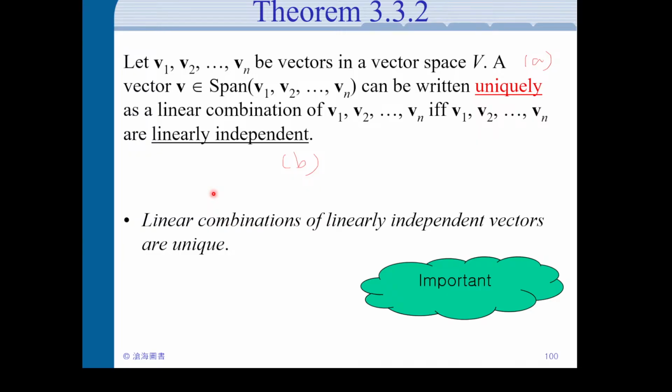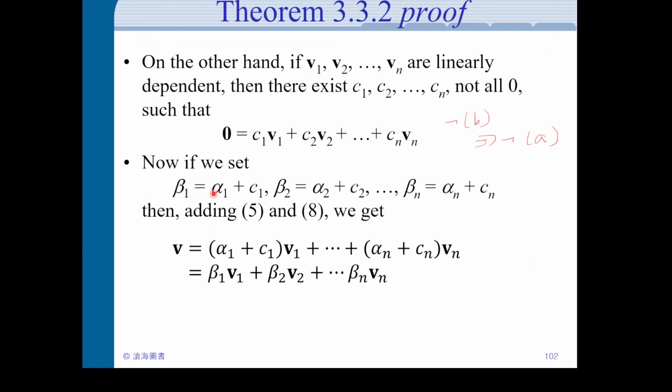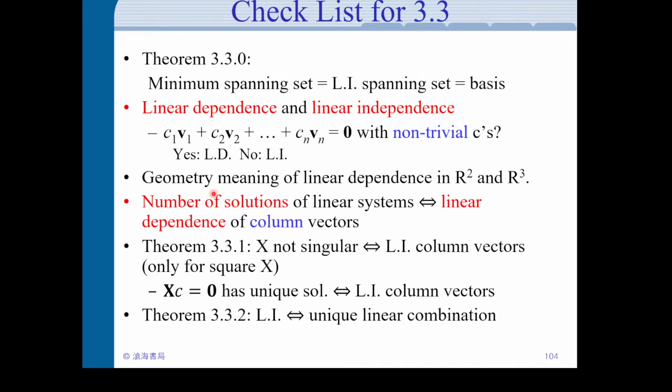So that's the final proof of this, and we finish this section just in time. We have a checklist for 3.3. A minimal spanning set is a basis, and that's only if it's linearly independent.